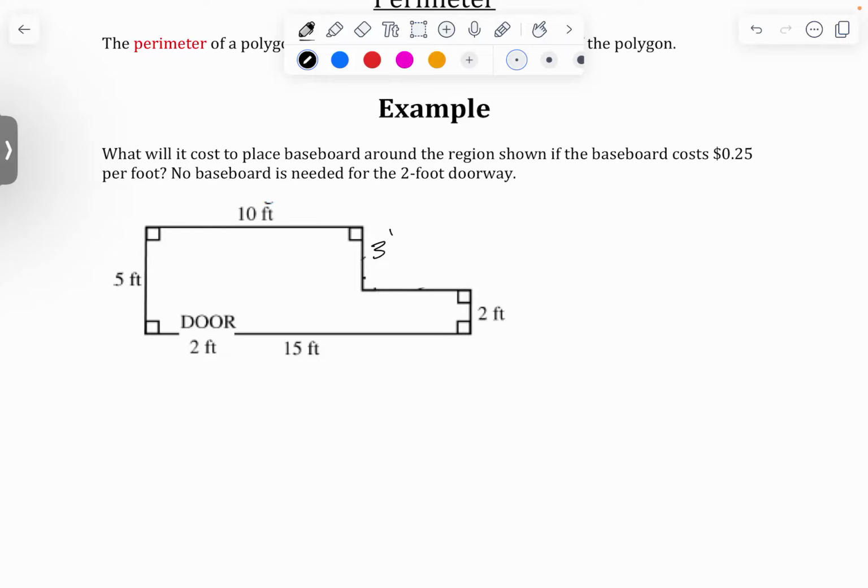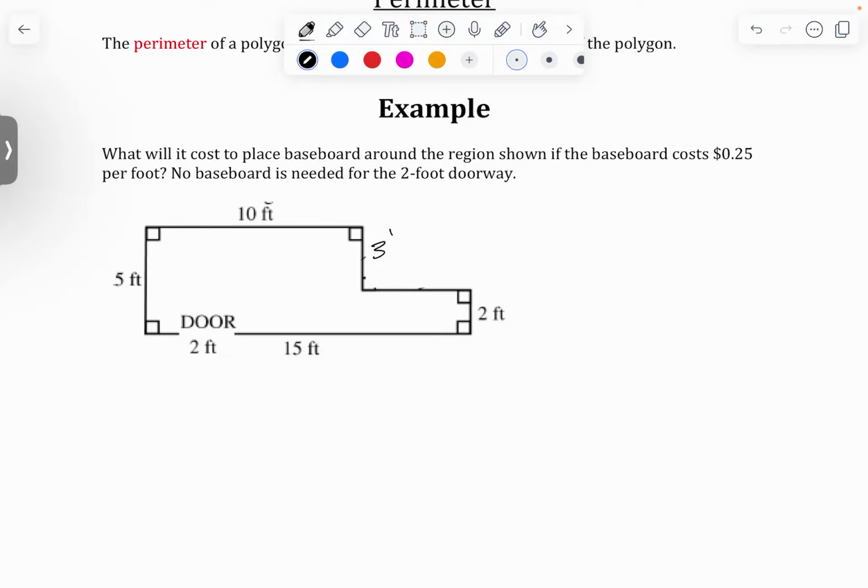Then, since we are told the cost is 25 cents per foot, and we have 38 feet, notice once again, our units will cancel, and this ends up giving us $9.50.